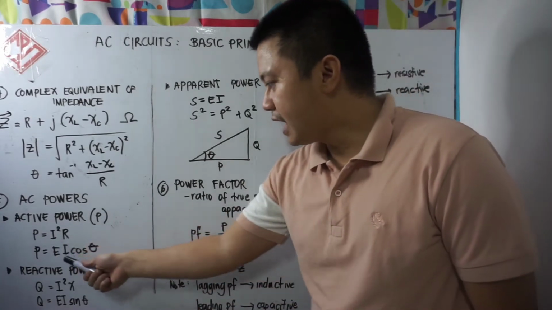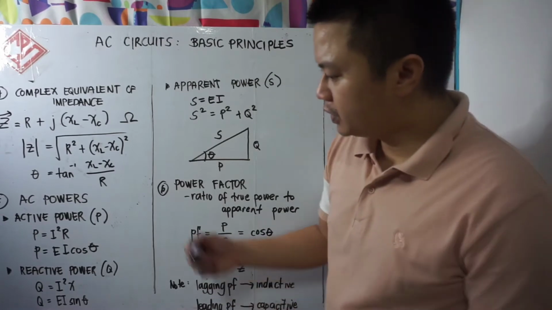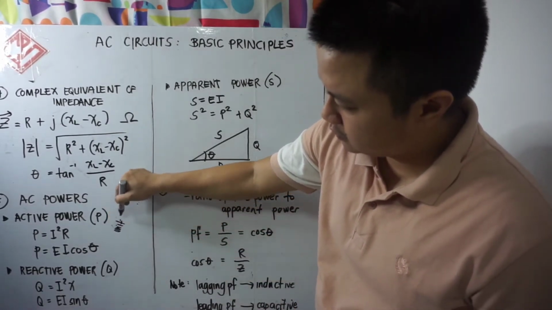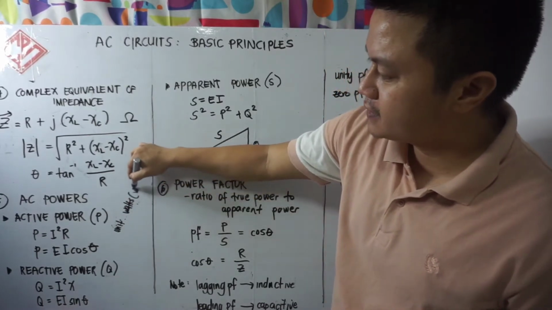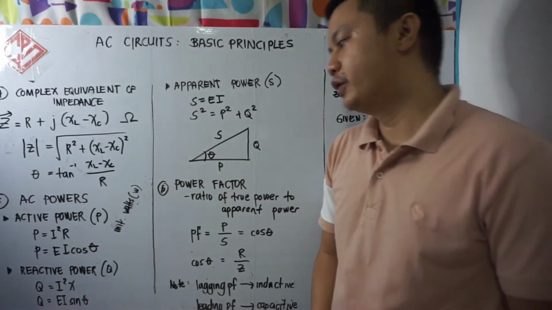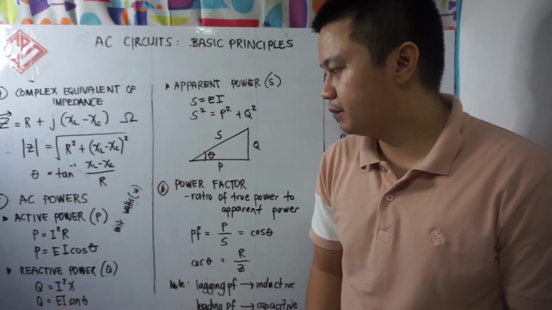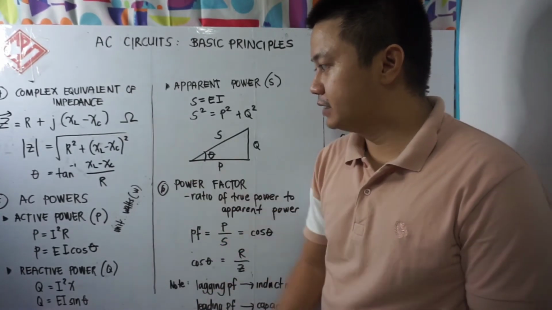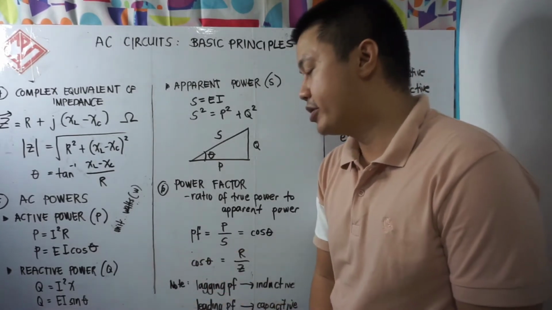The unit of active power is watts, W. Then you have reactive power Q. This is the power due to the influence of your capacitor and your inductor.